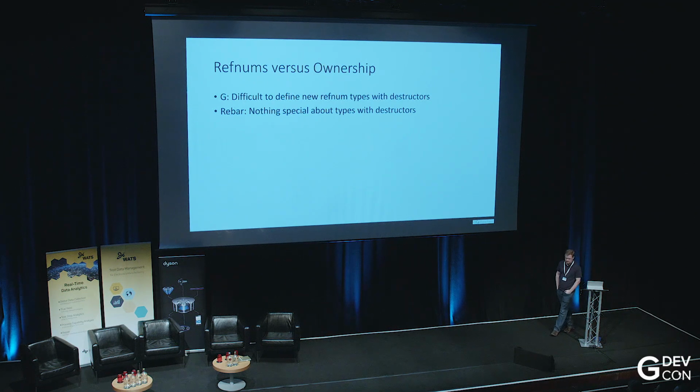And ownership is not something that applies solely to things I described, like basically operating system resources. It applies equally to all types, whether they are what G would consider by value or by reference.